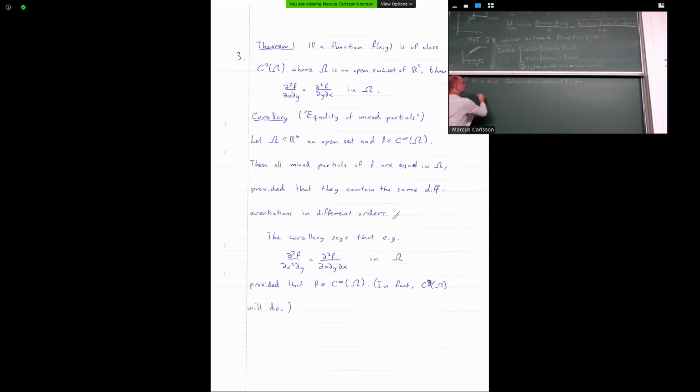So what we have here is actually f prime x evaluated at psi comma b plus k, minus f prime x evaluated at psi comma b, times h.